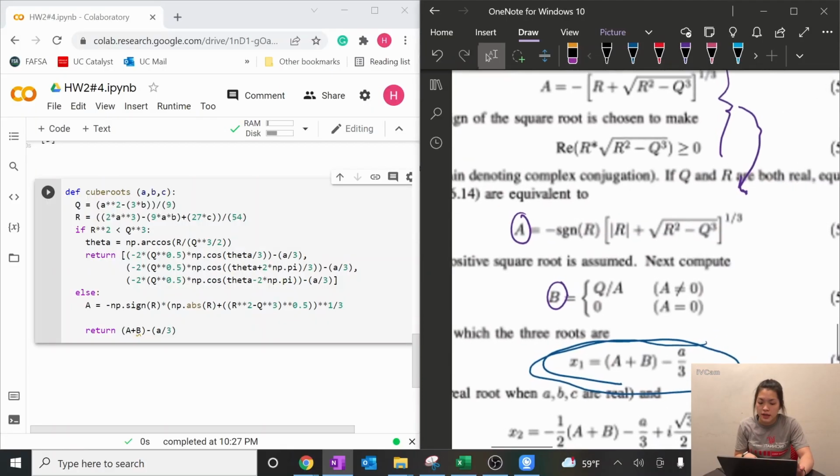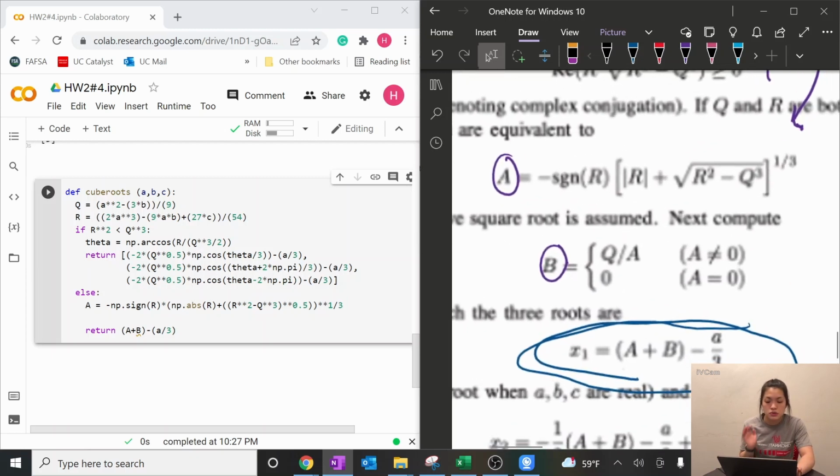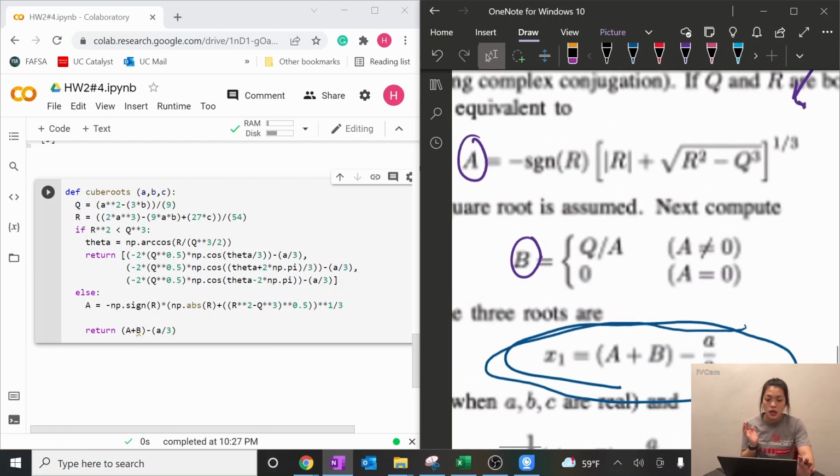So now that we have A defined, we want to move on to define B. Now defining B is a little trickier because there's two options. B can either equal Q divided by A if A does not equal 0, or B can equal 0 if A equals 0. So similar to how we did the if-else with the r squared less than q cubed, we're going to use an if-else statement. We're going to use it a little differently.